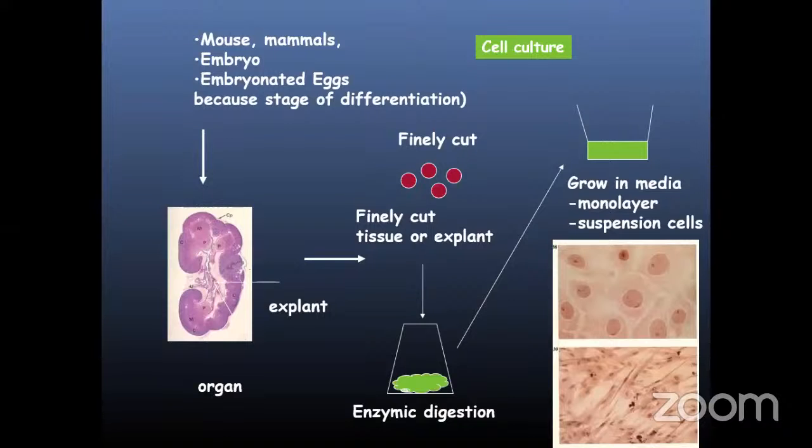Once you have the individual cells, you have to grow them in a suitable medium. Yesterday we discussed different types of media like DMEM, RPMI 1640 or MEM. Many commercially available media exist, and you can choose any, but not randomly.